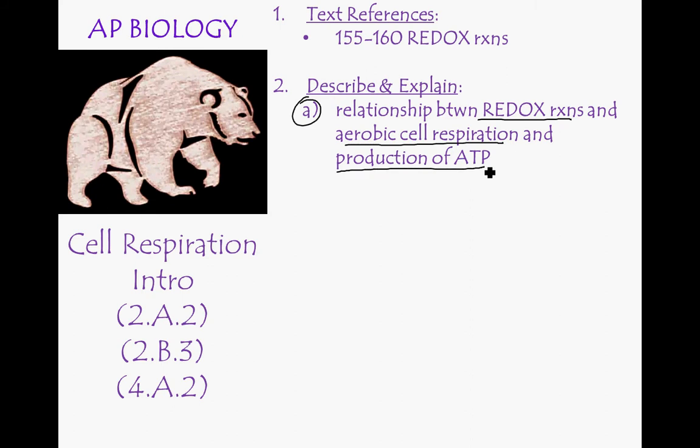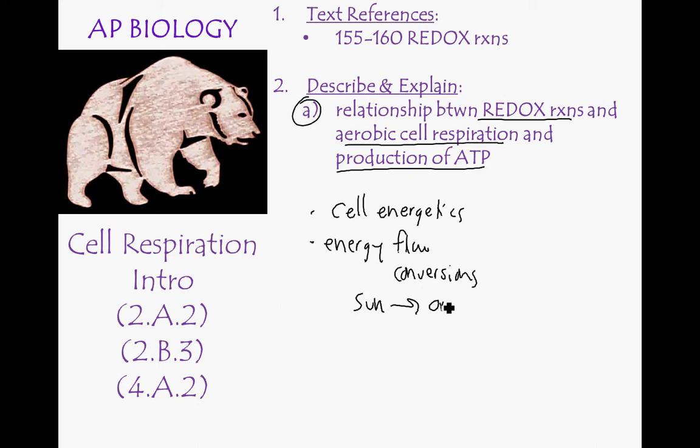We're going to approach this from a cell energetics perspective. We were talking at the beginning of the year about energy flow and energy conversions, looking at the growth scale in terms of sunlight into organics.